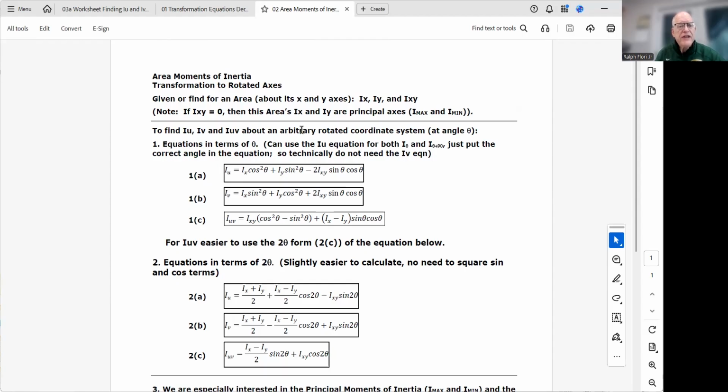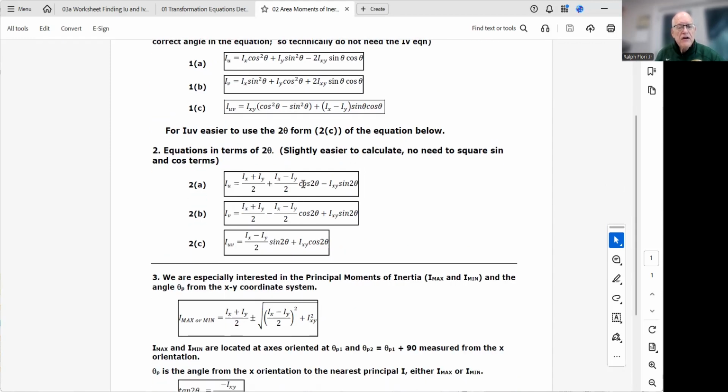One is basically a summary of the transformation equations. And there's one set that are in terms of sine squared and cosine squared theta. There's another set that are in terms of cosine 2 theta and sine 2 theta. They're basically the same equations. We just did a trig transformation to convert the cosine squared terms to the cosine 2 theta terms.